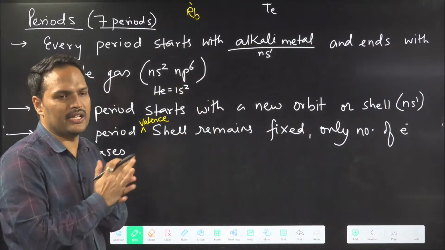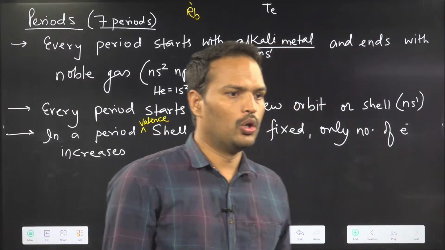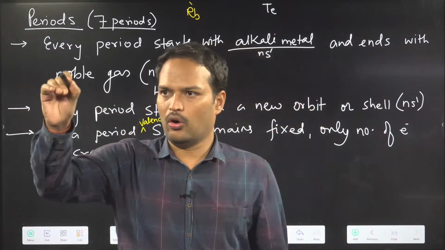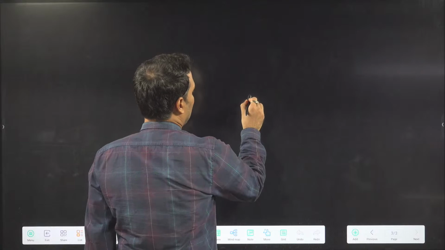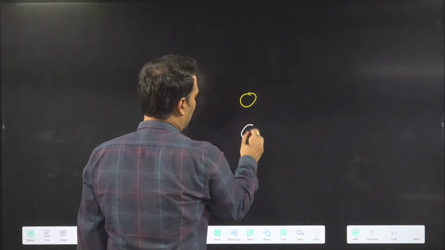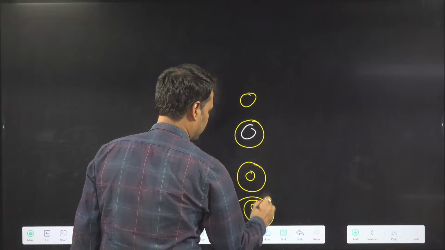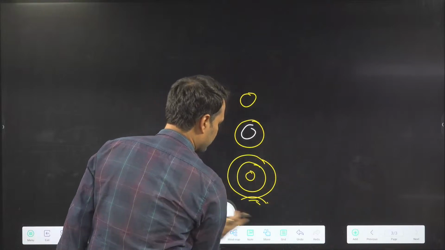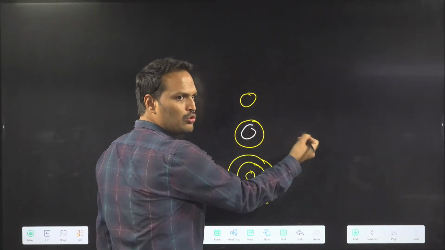Check the third point. Is there any problem in the third point? All of you have understood? The orbit is the same. I'm drawing a diagram on the next page. When you move in a group, every time an extra shell is there. But in a period, this shell now remains constant.